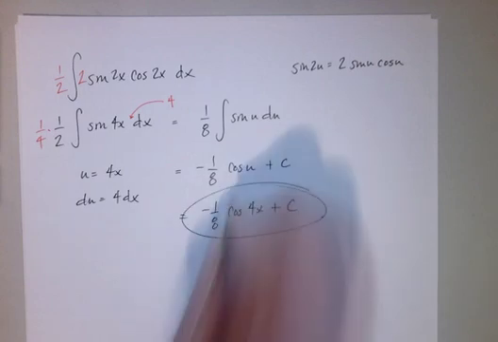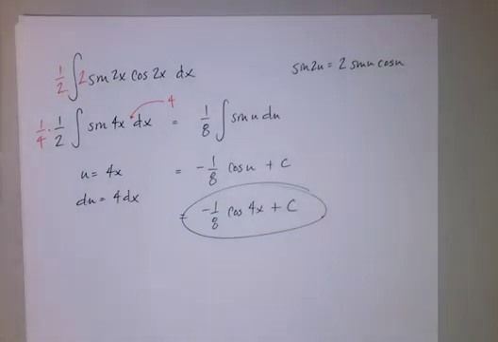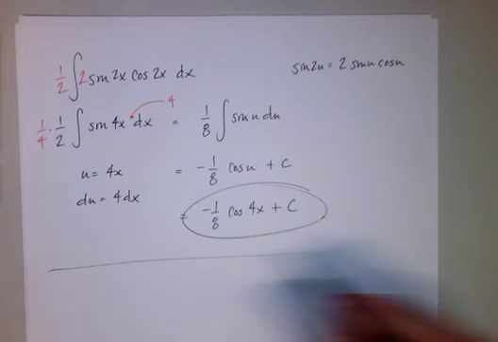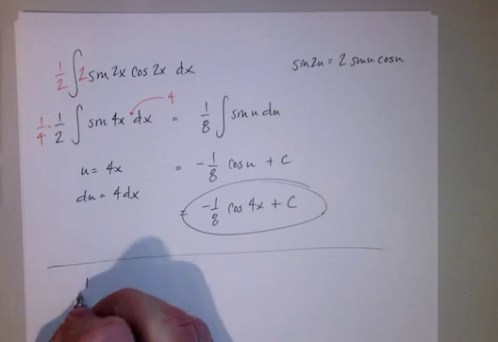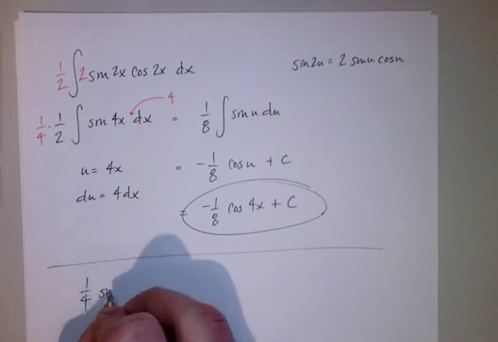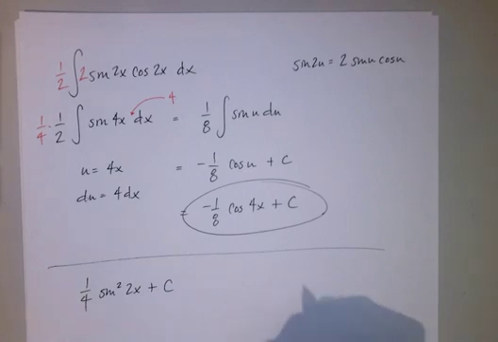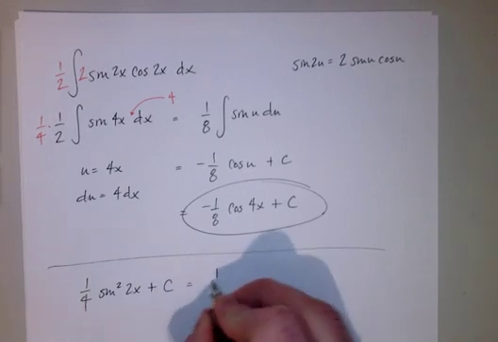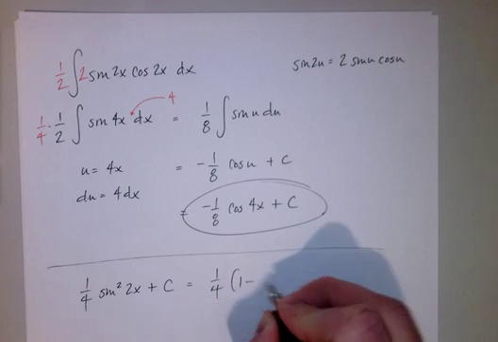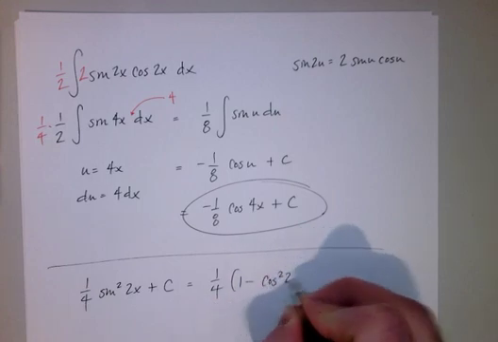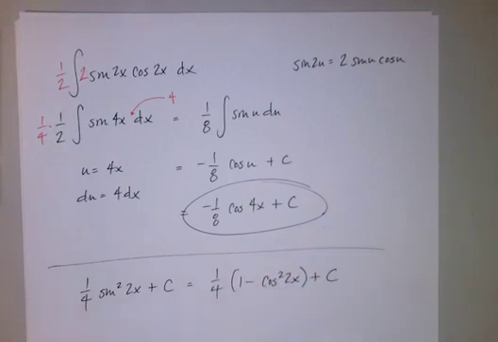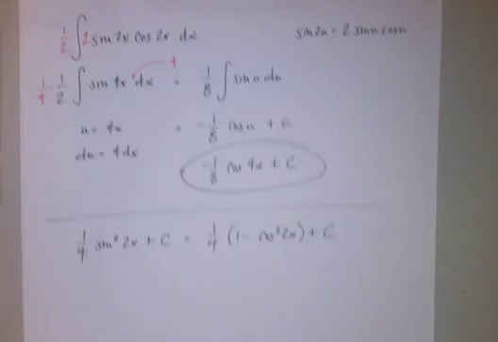Now, are all three of those answers equivalent? The answer is yes, okay? First of all, if I have 1/4 sine squared 2x plus c, which was the first one, I know that I can transform that using my Pythagorean identities, right?